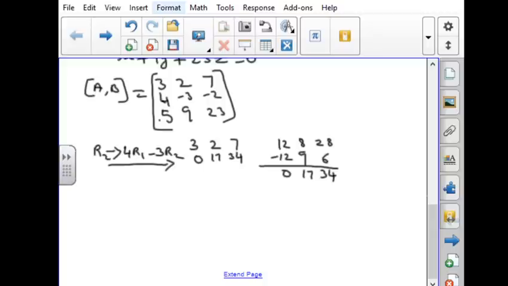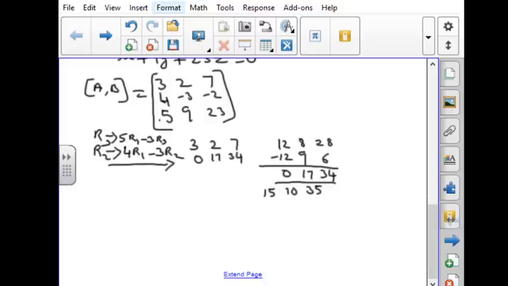Now the third row, this element we have to make 0. To make this 0, R3 becomes 5R1 minus 3R3. So 5R1: 5 3s are 15, 5 2s are 10, 5 7s are 35.